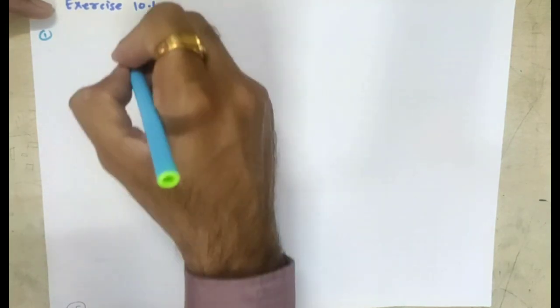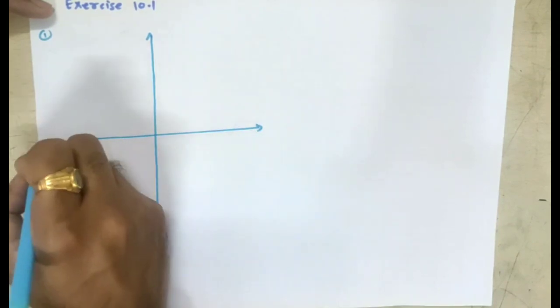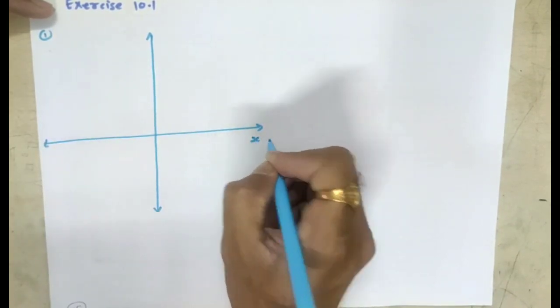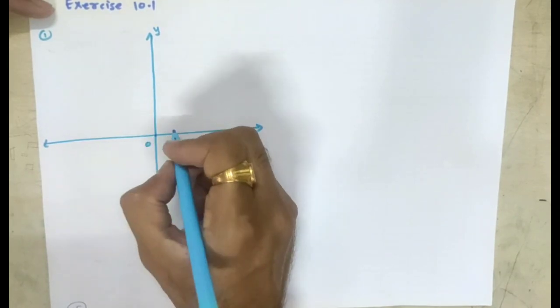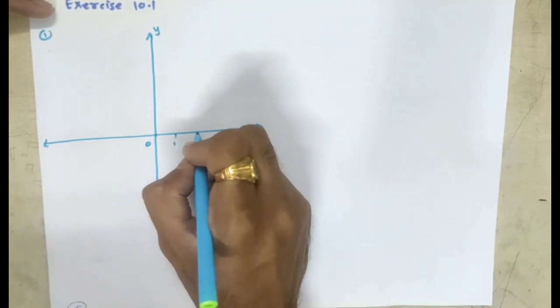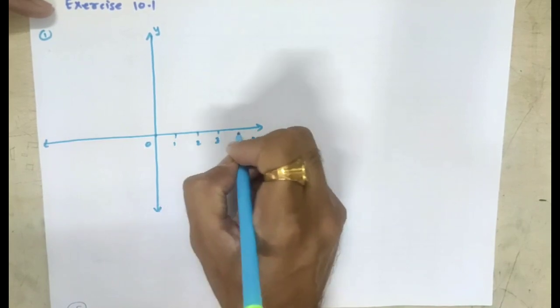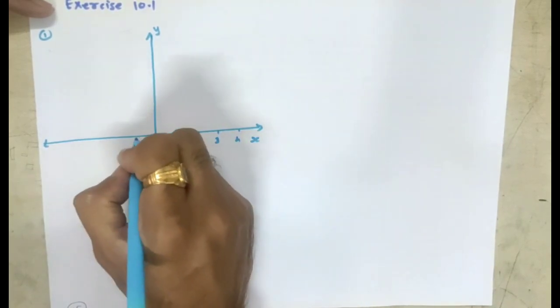Suppose this is our y-axis and this one is the x-axis. X, y. 0, this is 1, 2, 3, 4.